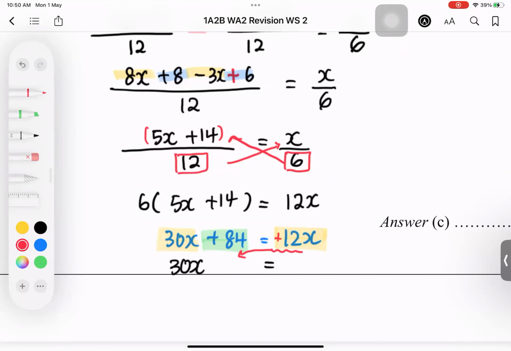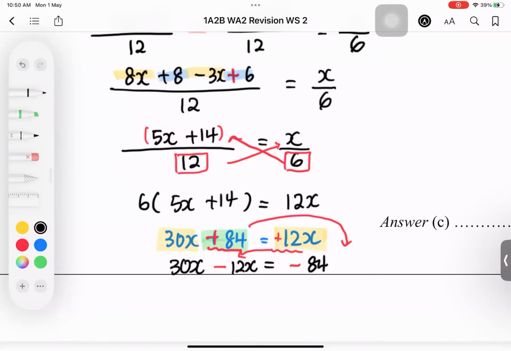Bring over, undo the addition, it becomes subtraction. Very good, minus 12x. Then we don't want the positive 84 over here. So positive 84 goes over there, shifts to the other side. Undo the addition, it becomes subtract 84.